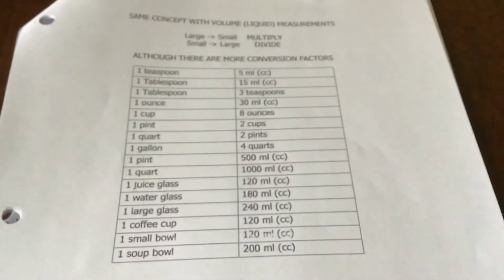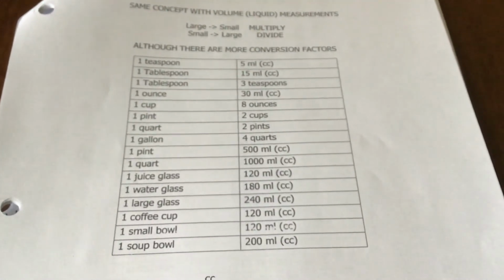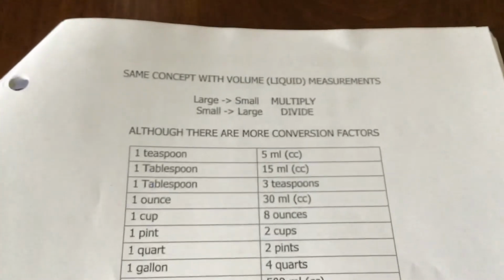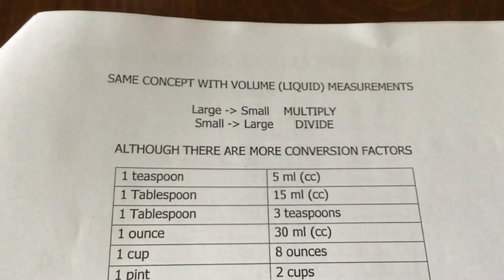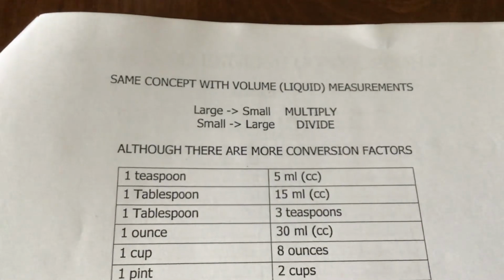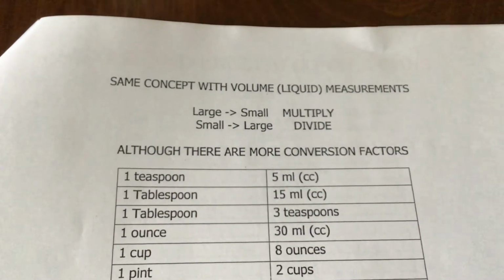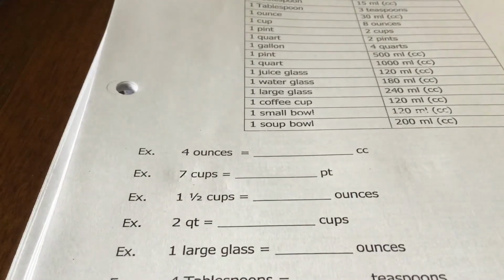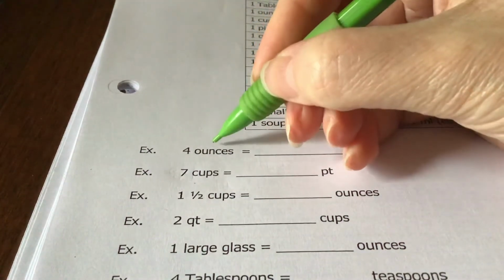These are liquid measurements. And many of these measurements are things that we use in the United States. Because of that, we're going to use that same method: large to small, you multiply; small to large, you divide. So right here, let's do ounces and cc's, this first example.